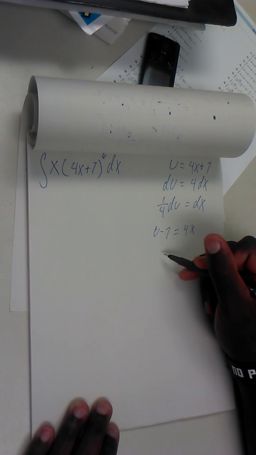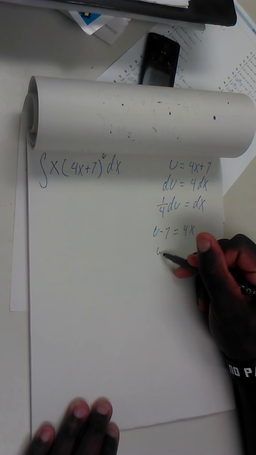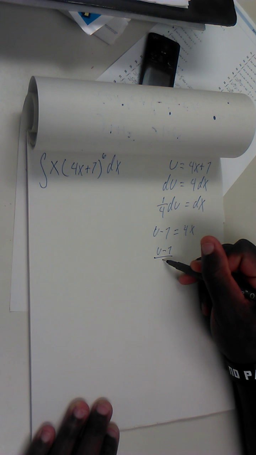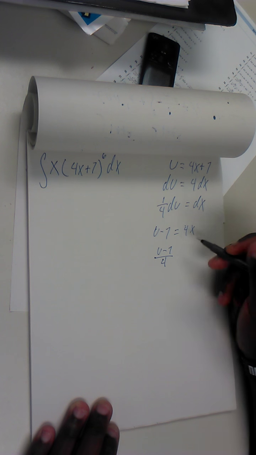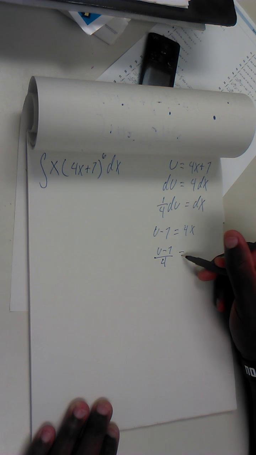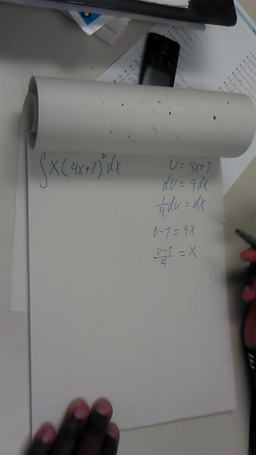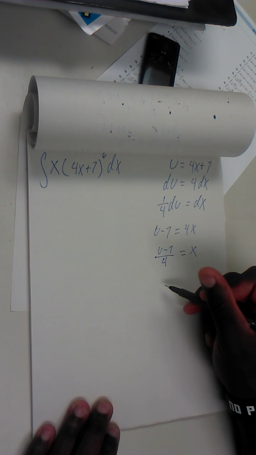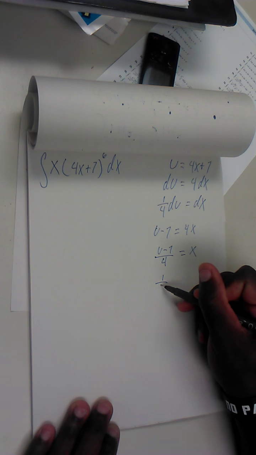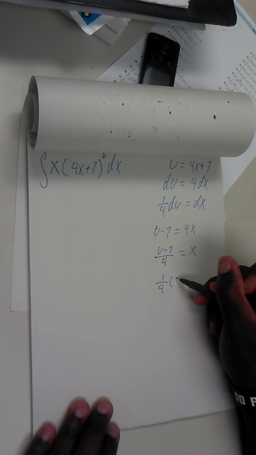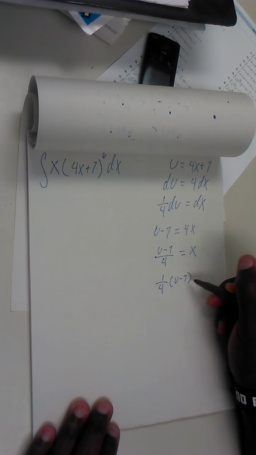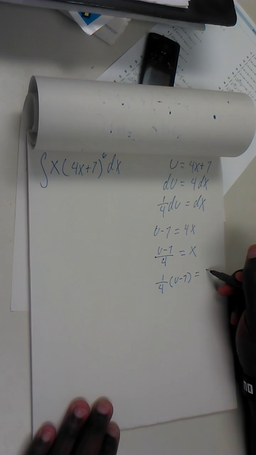So we say u minus 7 all over 4 is equal to x. And this is the same as saying 1/4 times u minus 7 is equal to x.